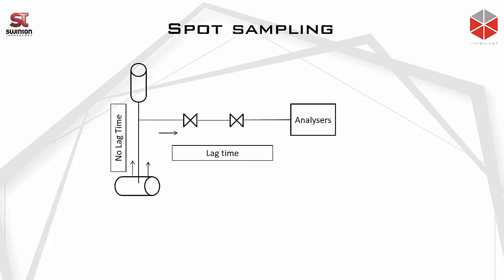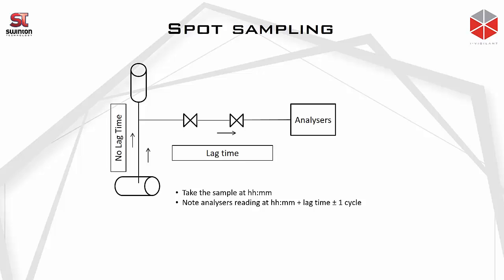This is what we are doing basically. We take the spot sampling. Spot sampling has no lag time, and the data that goes into the analyzer has a lag time. Based on the previous GC surgery, we know how to calculate the lag time. So we take the sample at a certain time on the spot sample, assuming there's no lag time, and then we take the analyzer reading at the same time as the sample plus the lag time plus one analyzer cycle.